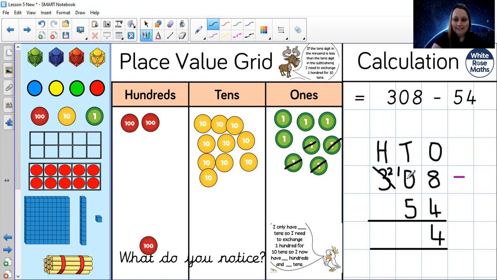So use the number fact 10 subtract 5. I'm left with 5 tens. I'm now going to subtract my hundreds. What's 200 subtract 0? So hopefully you're all saying that's 200, Mrs. Barnes. So my answer is 254 to that calculation. 308 subtract 54 equals 254.